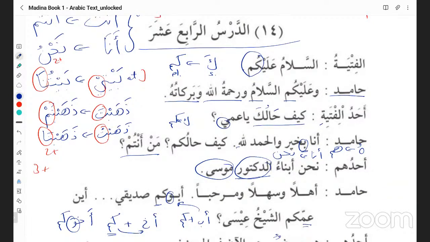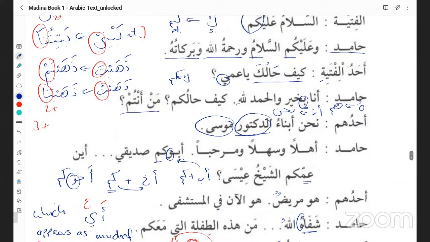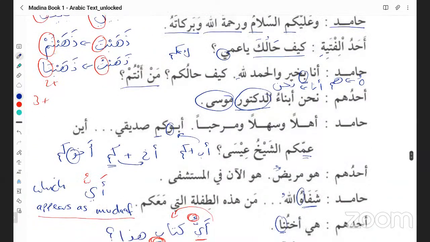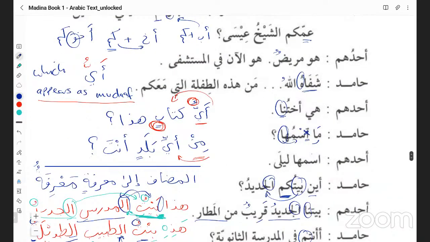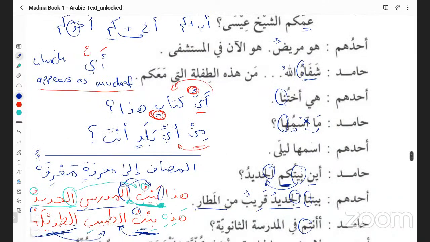If you go into breakout rooms, just speak to someone, or have this conversation with yourself in the mirror, just to get used to using the different pronouns for singular and plural, and the difference of singular and plural in the verbs, how to use those pronouns correctly, and of course, to get some practice when you are describing a mudaf in a mudaf ilayh construction, like we done.